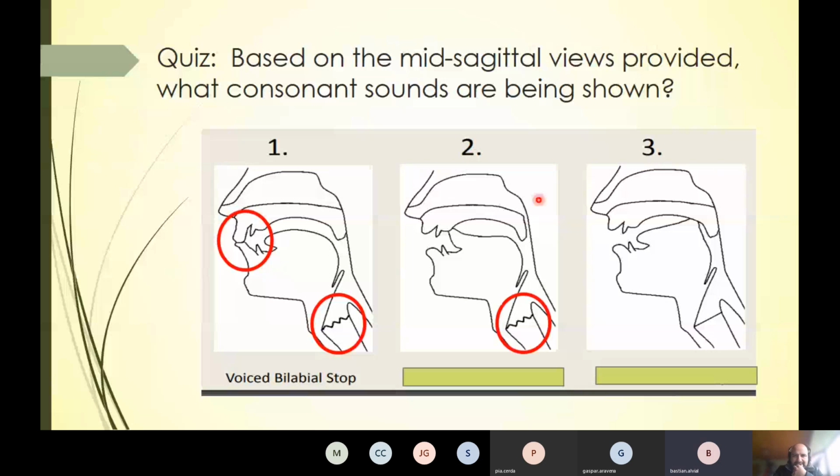Voiced nasal, because the velum is lowered. All right, so it's voiced, it's nasal, and we see the tip of the tongue being pressed against the, how do you call this?